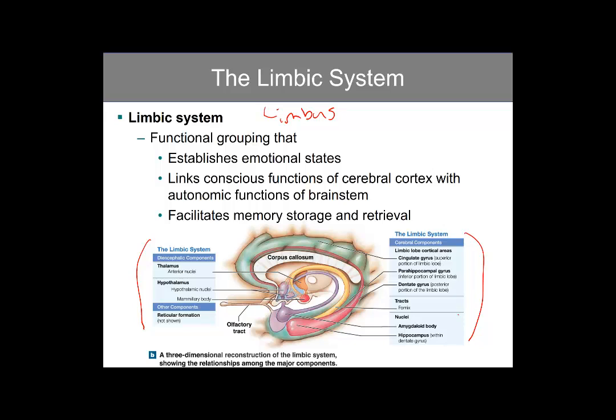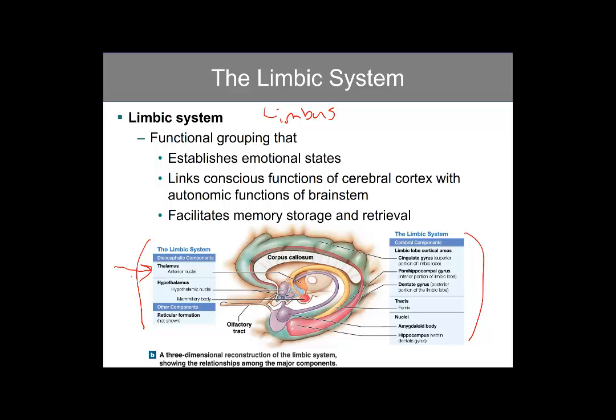In addition, it links our conscious functions of the cerebral cortex with our autonomic functions within the brainstem, and it also plays a role in the storage and retrieval of memories. While there are lots of structures associated with the limbic system, we will only note a few. Within the diencephalon, we have the anterior nuclei of the thalamus.